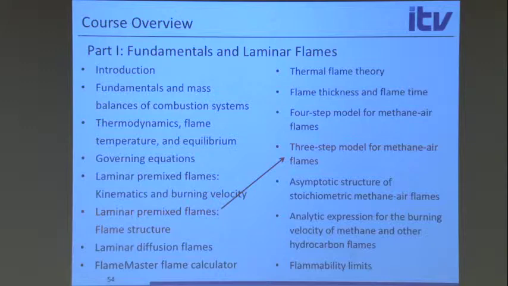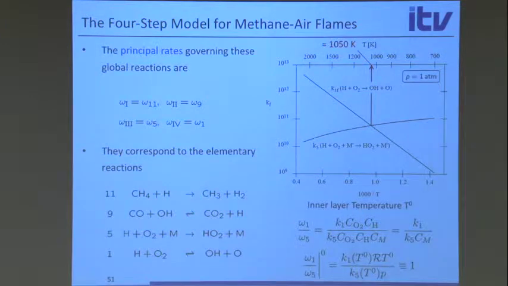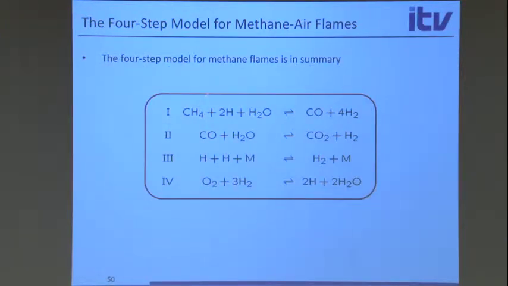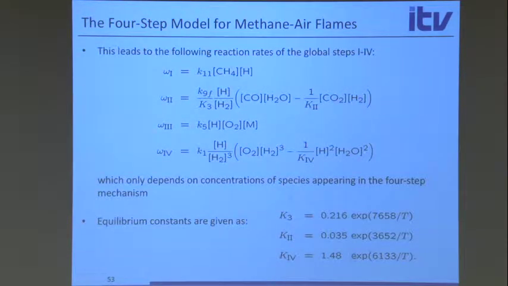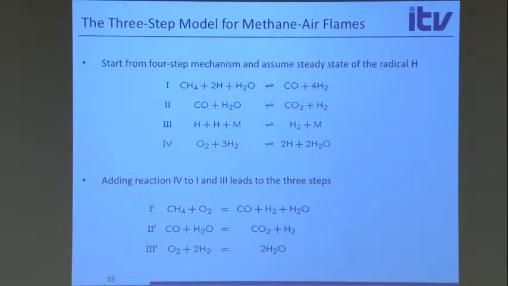So this has all the numbers you would need if you want to code up this four-step mechanism. You could solve equations for the species that appear here: methane, hydrogen, H2O, CO, and oxygen, and that's it. Okay, so that's interesting. Now we have a description of the chemistry that's relatively simple because it has only 4 steps.